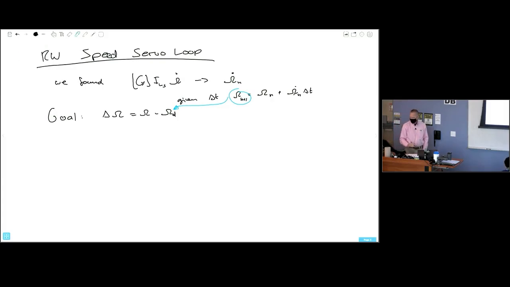Because servo control is an inner control loop. From the outer control loop that we had on the earlier slide, we would now say, okay, this is the acceleration you should have, so over a controlled time period, this is how much I should be changing it. And this is what we want to drive towards 0. Okay? So let's derive a system, but we will also need a differential equation at some point.